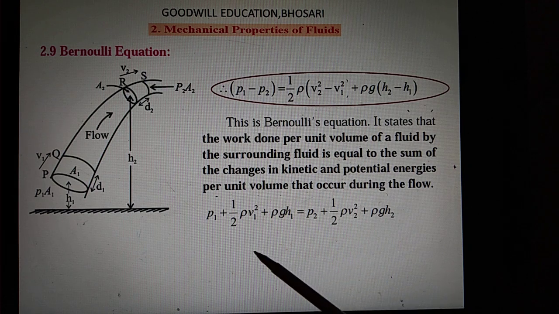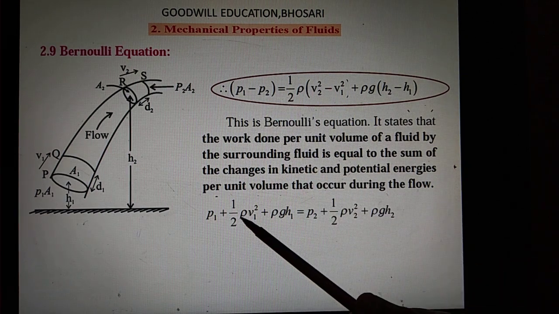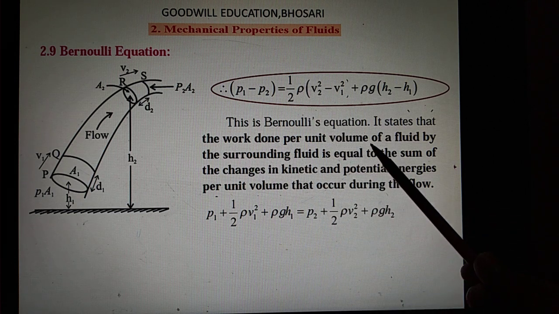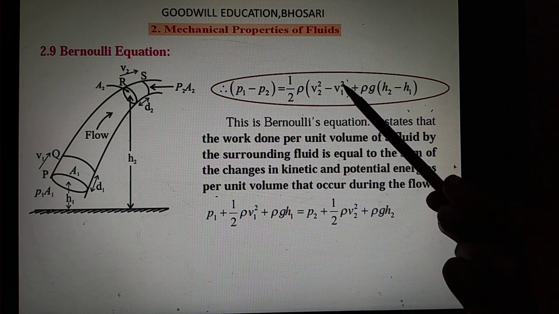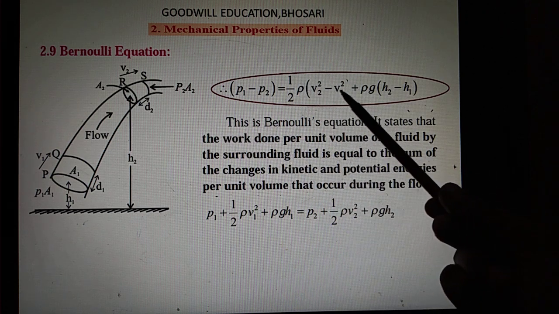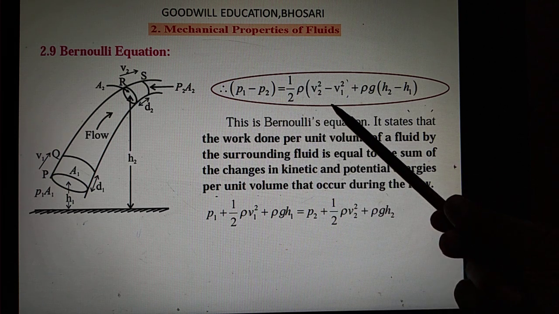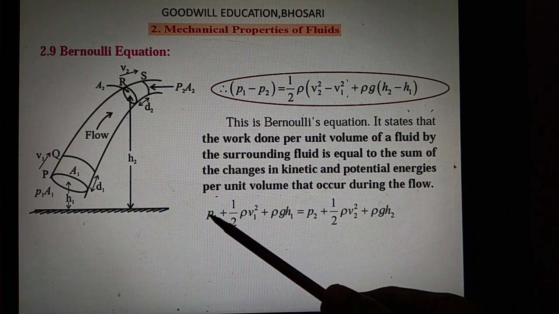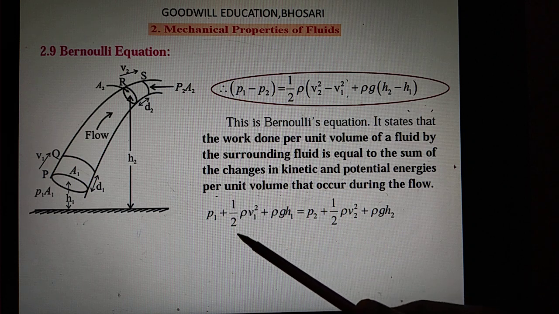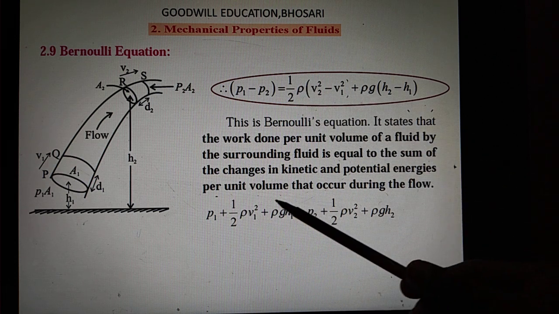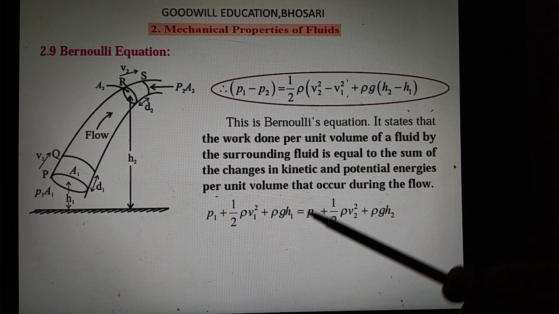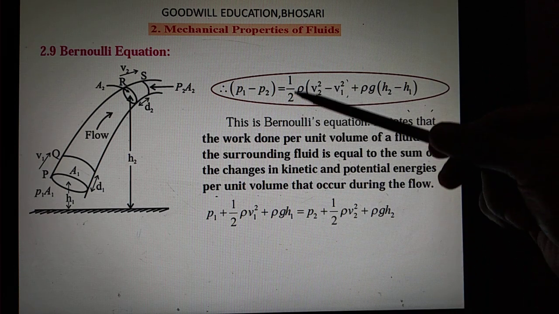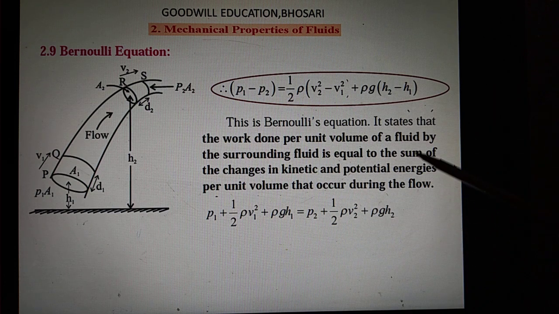Also, if you modify this one, keeping P1 and all the positive terms, half of rho V2 square, here we keep half of rho V1 square and take it to the left hand side, again rho g H1, take it to the left hand side. So we get P1 plus half of rho V1 square plus rho g H1 is equal to P2, take it to the right hand side, plus half of rho V2 square plus rho g H2.